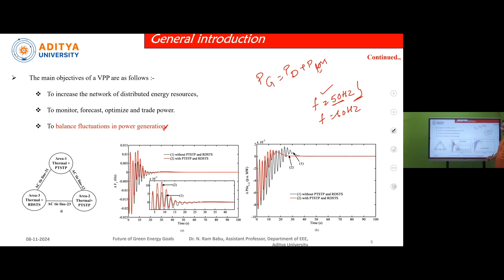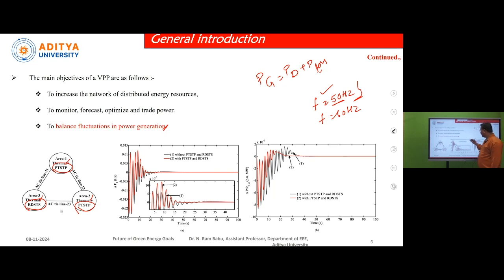Okay. So for that example, I have considered a simple three-area system in which a thermal system is considered in all the three areas, and also the peak load is supplied by renewable energy, that is a parabolic trough solar thermal power plant and a linear Fresnel solar thermal power plant. Here, these base load power plants are enhanced with the renewable energy sources.